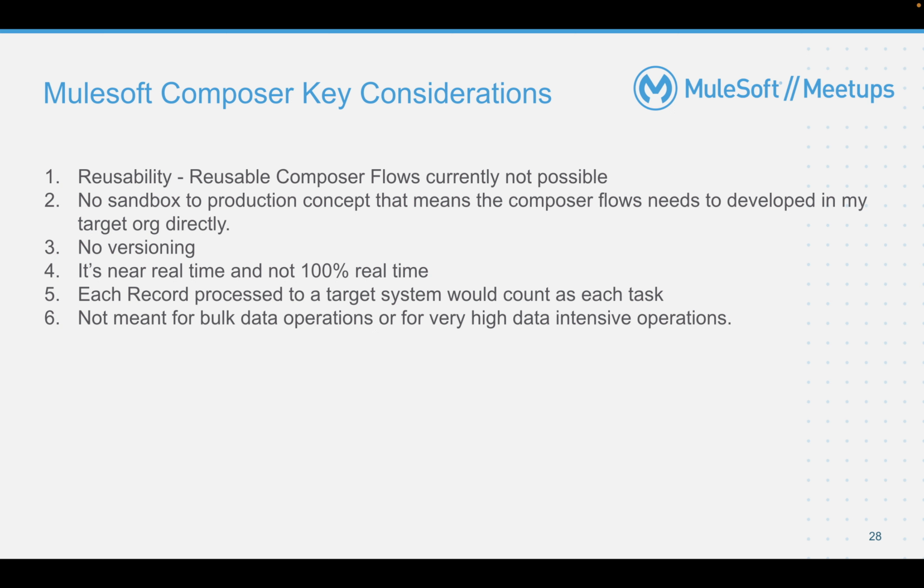So if I have 10 systems, and my Composer flow interacts with those 10 systems, then 10 task records will be utilized for the interaction. We need to keep this in mind as well. When talking about the MuleSoft Automation package, you have some credits given to you.